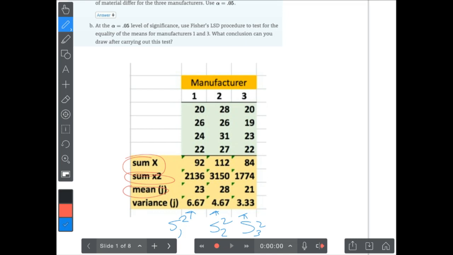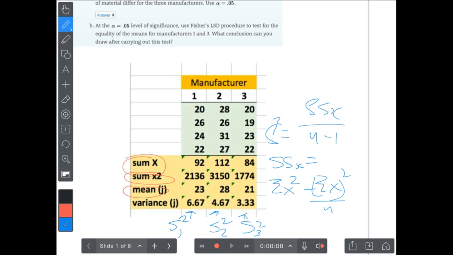And you recall, to calculate variance, S squared, we need SSX over n minus 1, where SSX is equal to the sum of x squared minus the sum of x all squared over n. So of course we will need the sum of x squared, which is given, which is right here.